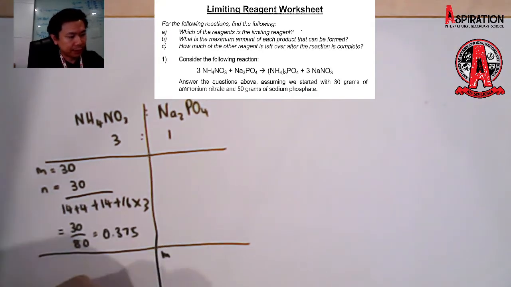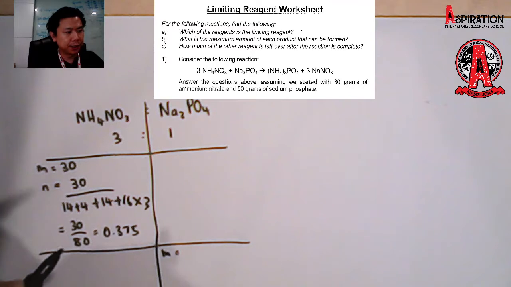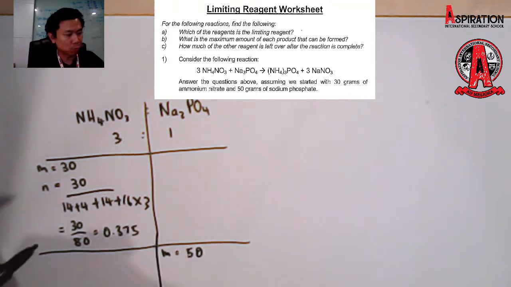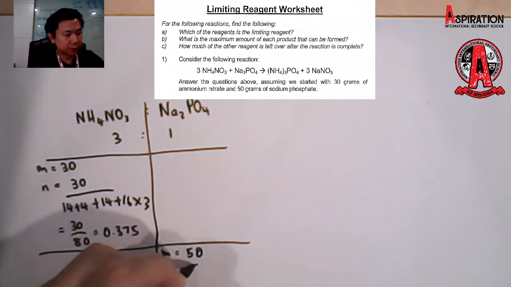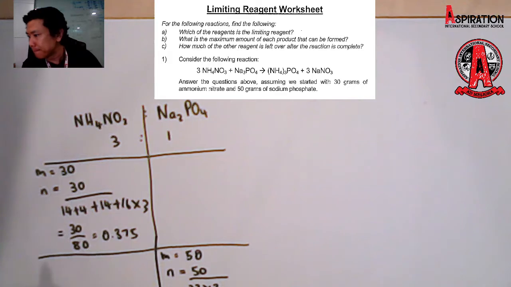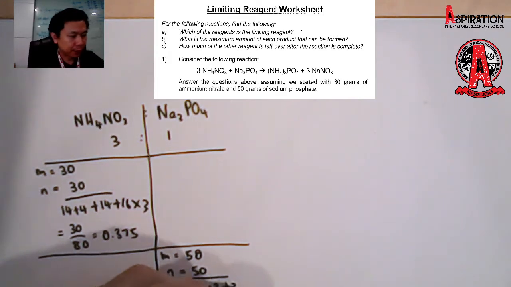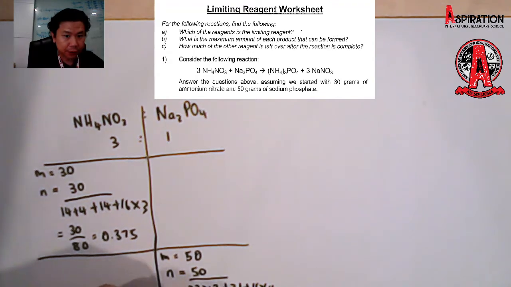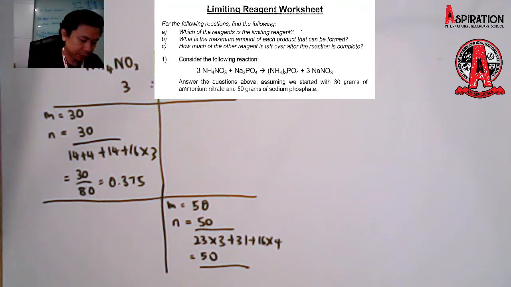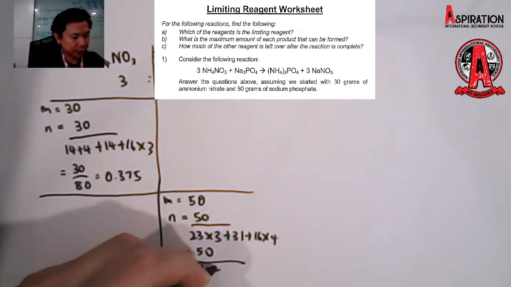Now the mass that is given for sodium phosphate is 50 grams, and the number of moles is 50 divided by 23 times 3 plus 31 plus 16 times 4. So you've got 50 divided by 23 times 3 plus 31 plus 16 times 4. So you've got 164.